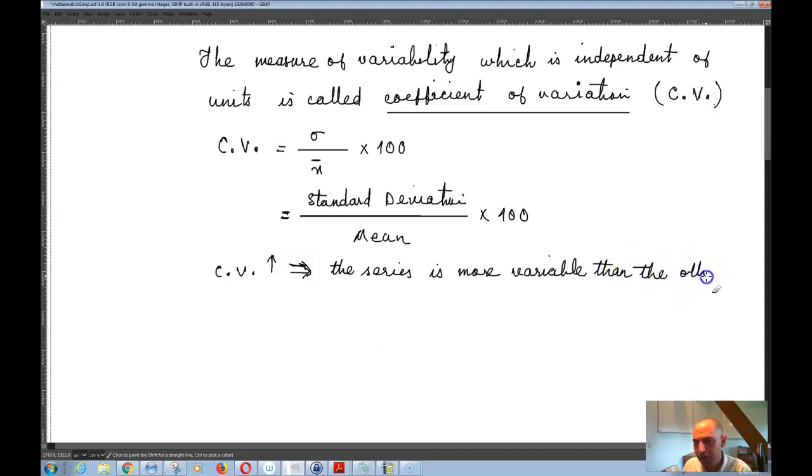This is called the coefficient of variance, C and V. If you're comparing two series, you calculate the coefficient of variance of one series and of the other series.